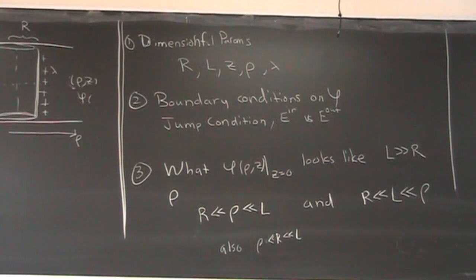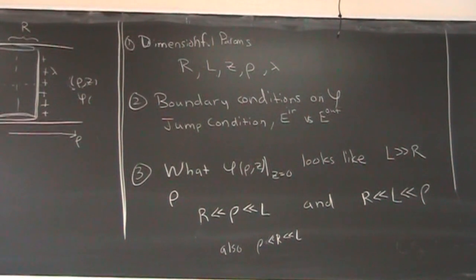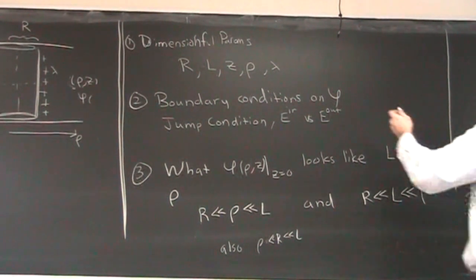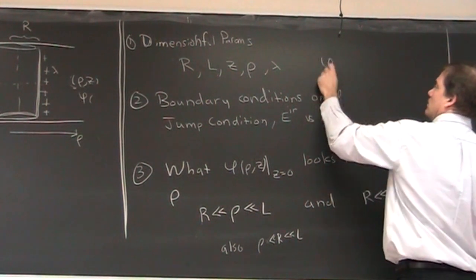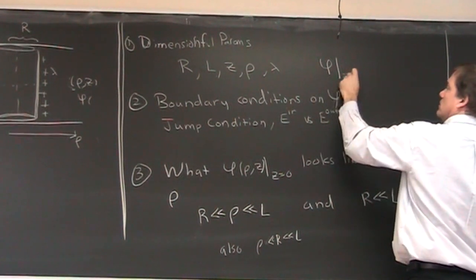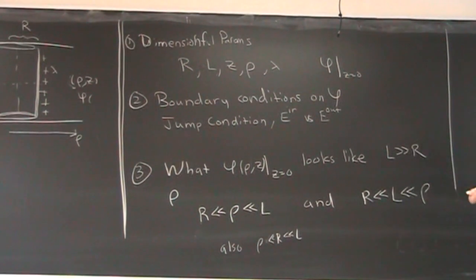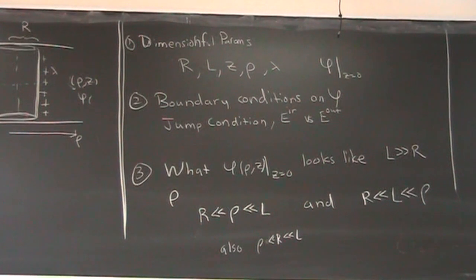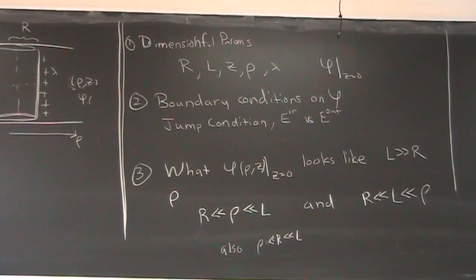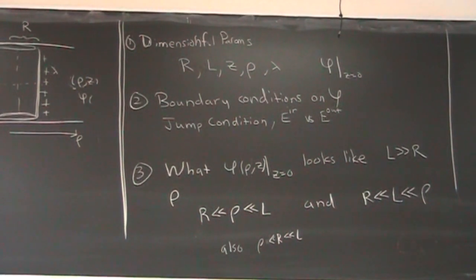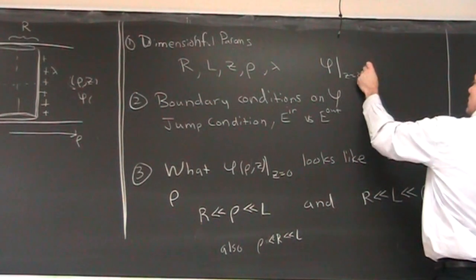And then you can choose, let's take the potential at z equals 0 to make it a little bit simpler. So phi evaluated at z equals 0. If I only want the potential at z equals 0, then there are fewer parameters.